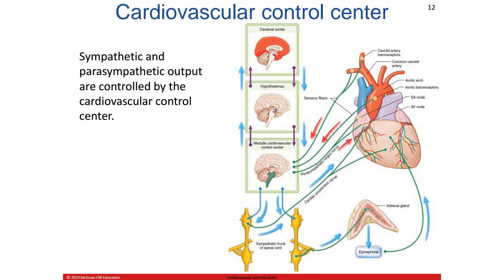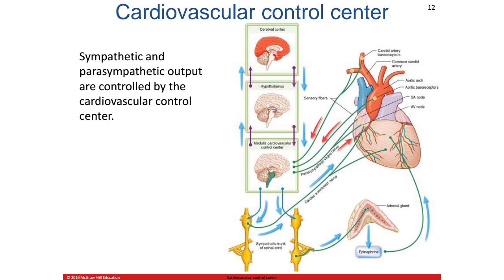We're going to talk about the cardiovascular control center more in detail, but at least I want to introduce the idea here. Within your brainstem, within the medulla oblongata, which is the lower portion of the brainstem shown here, you have this thing called the cardiovascular control center. This center receives input from higher brain centers. It also receives input from other places such as the hypothalamus. It also receives sensory input from baroreceptors.